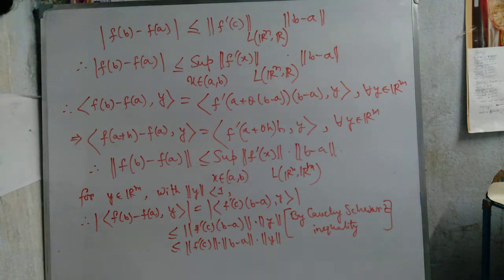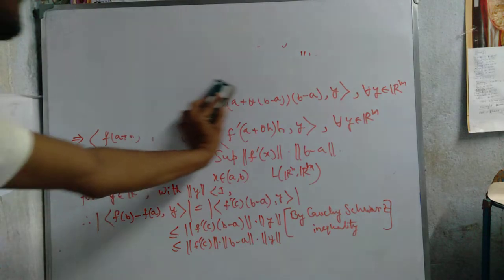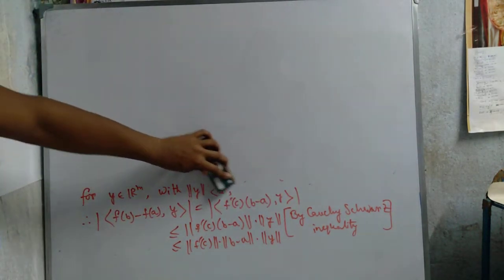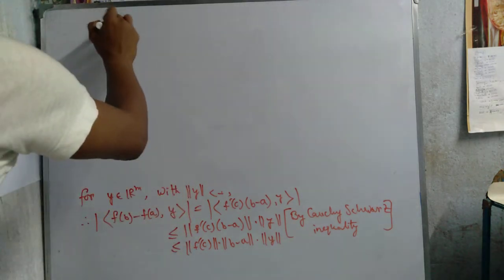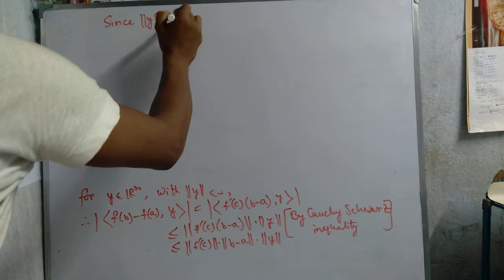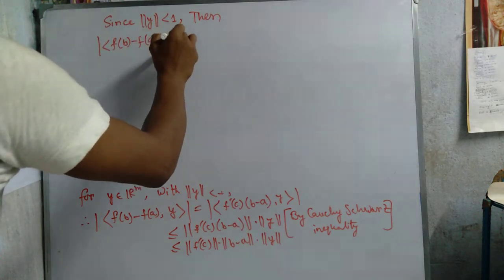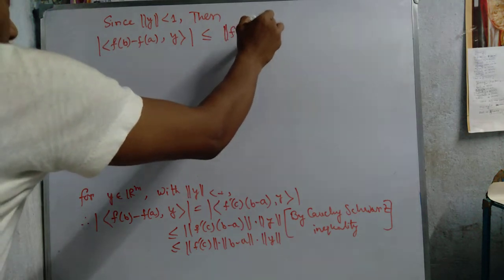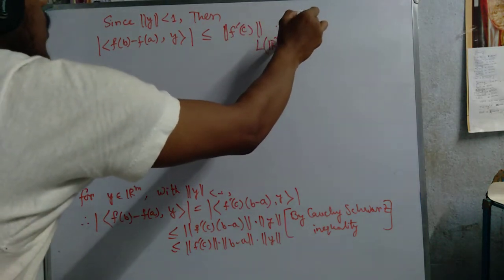Then in the above way, we erase that portion and we write here, since norm y is less than 1, then the inner product of f(b) minus f(a) with y is less than or equal to norm of f'(c) in L(Rn, Rm) multiplied by norm of b minus a.